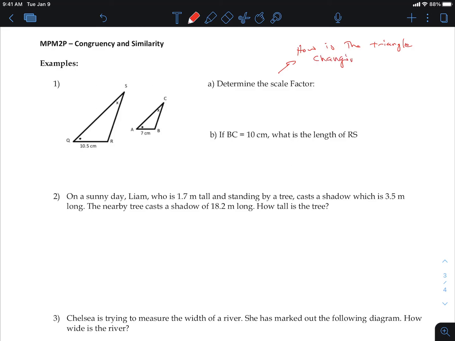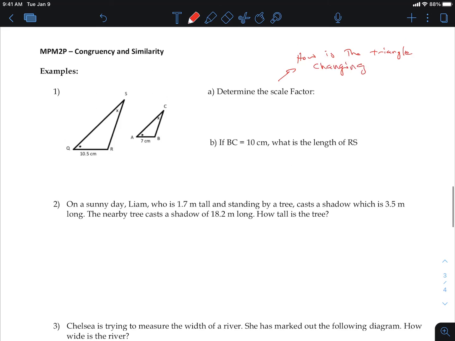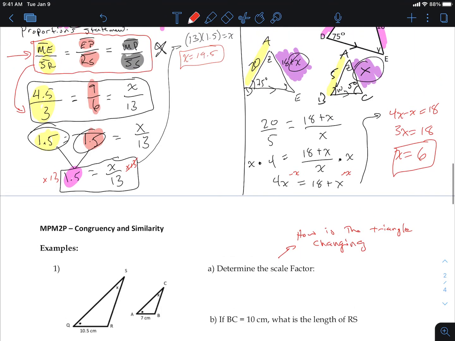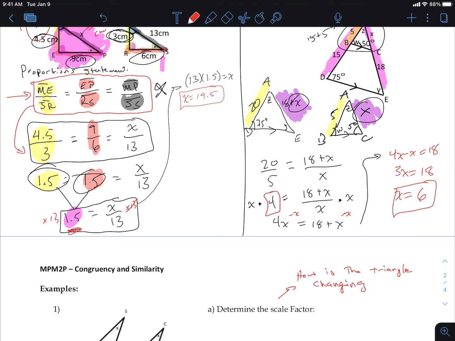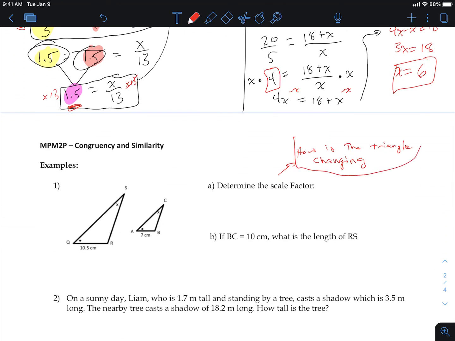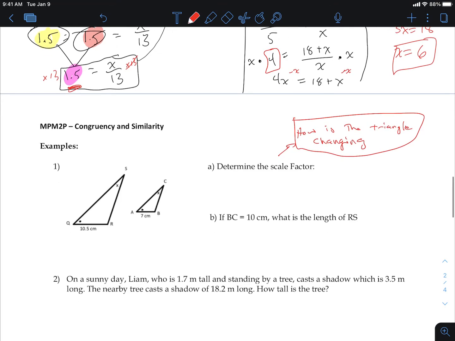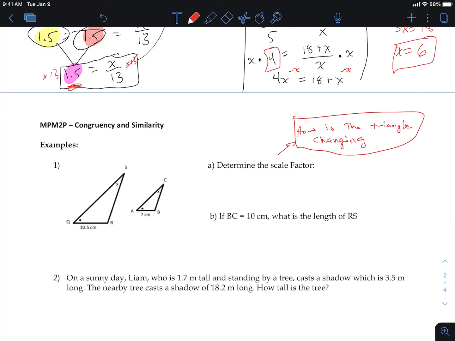Okay, we saw this in the other questions, right? So for instance, this one was getting 4 times bigger or smaller, and this one was getting 1.5 times bigger or smaller. That's how this is changing. Okay. So you're going to apply your rules of similarity to these triangles, right?